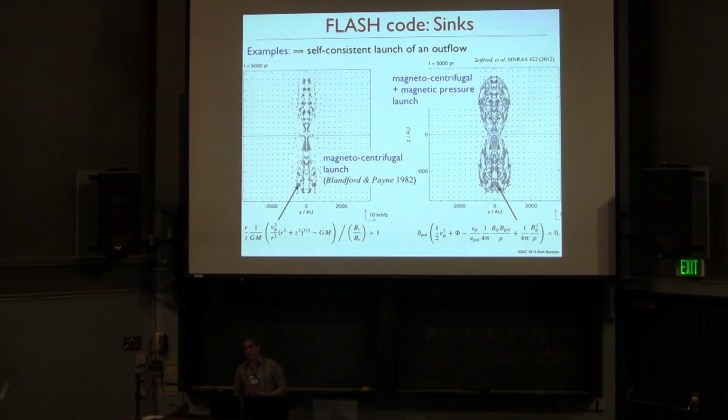You can then identify the regions where your outflow is driven by this mechanism, or you can take essentially the entire Lorentz force. At the end of the day, the gas is of course accelerated by the Lorentz force, so this is the region where gas is accelerated, and this combines both the magnetocentrifugal launch and what is called the magnetic pressure launching, or magnetic tower launching.